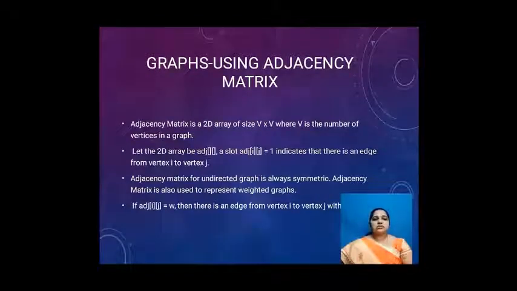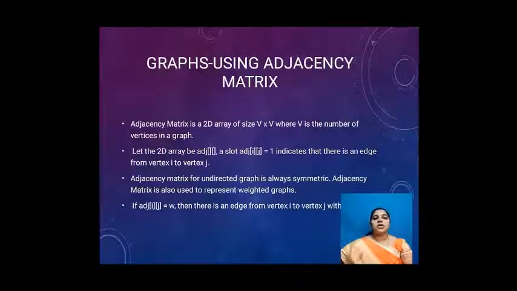An adjacency matrix is a 2D array of size V cross V. If adj[i][j] is 1, it indicates there is an edge from vertex i to vertex j.